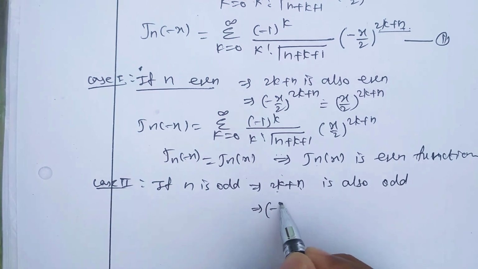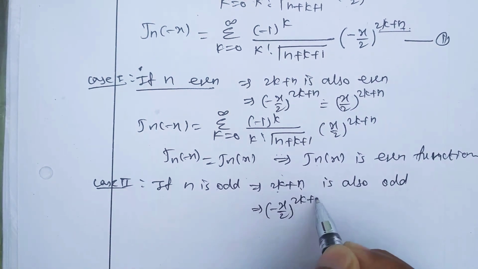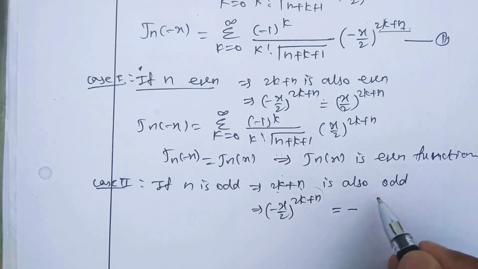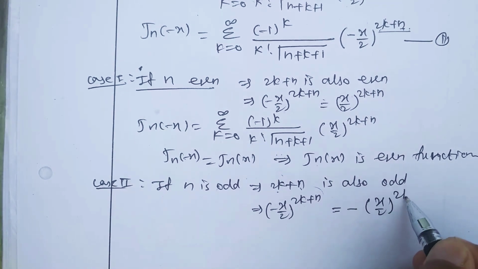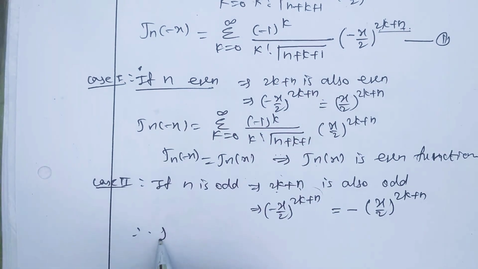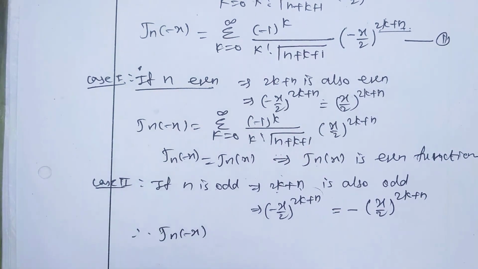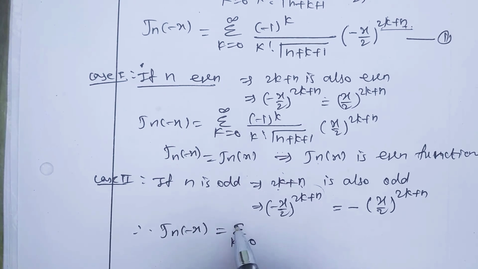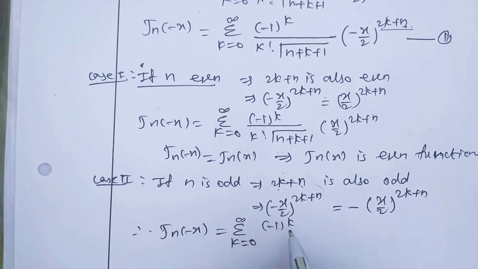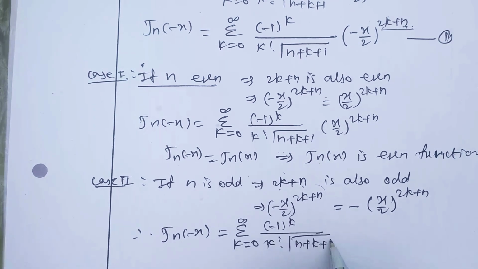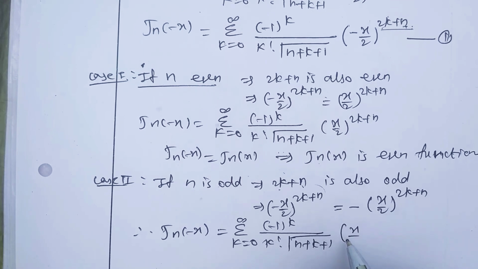So this implies minus x by 2 raised to 2k plus n, an odd power. When you take the odd power of a negative number, you will get a negative number: minus times x by 2 raised to 2k plus n. You can put this in equation number 1. Therefore, you will get Jn of minus x is equal to the summation k varies from 0 to infinity, minus 1 raised to k upon k factorial gamma of n plus k plus 1, with a minus sign.